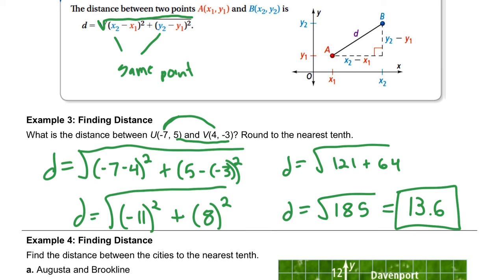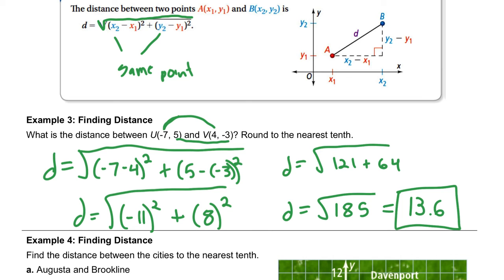Okay, and I know that seems like a lot of steps to get just a single number, but we will use the distance formula in a lot of different ways going forward this year. So right now, I just want you to understand how to use it. We're going to go more in depth as to how it works and why we need it. But right now, I just want you to pick up on how to basically apply the formula when it's shown to you.